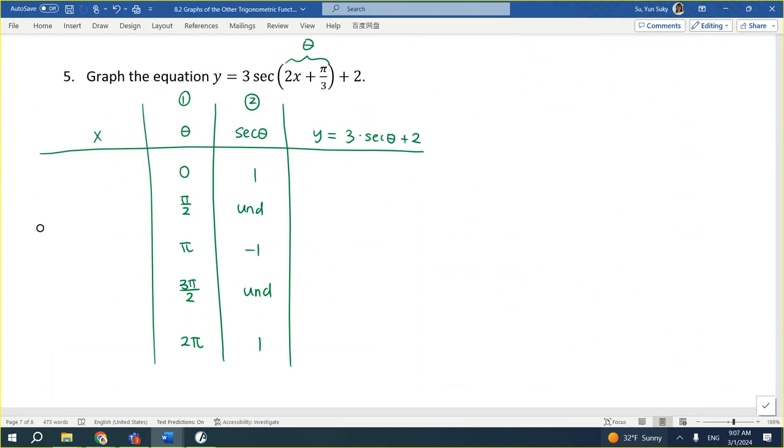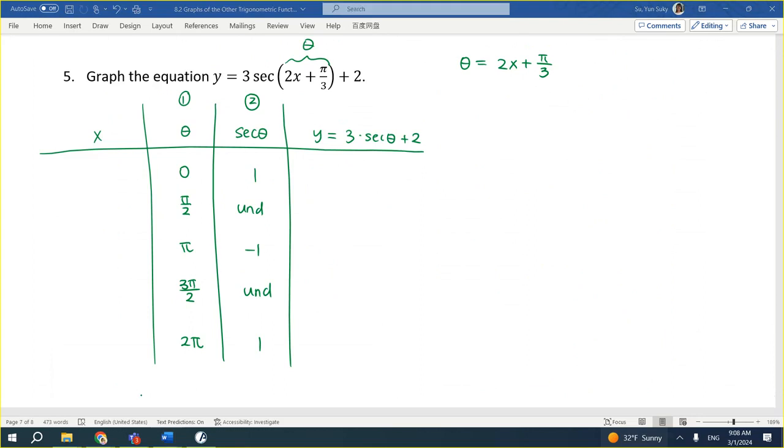To find the x, you look at, okay, the theta is 2x plus pi over 3. Then you solve for x. How do you solve for x? Take the theta, 2x plus pi over 3, set it equal to theta, and solve for x. We want to get rid of the 2 and then pi over 3.